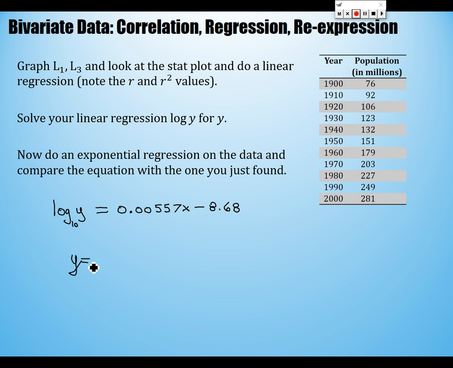So how do we recover y here? We do what on both sides? Yeah, 10 to the, right? So over here we get 10 to the all this.